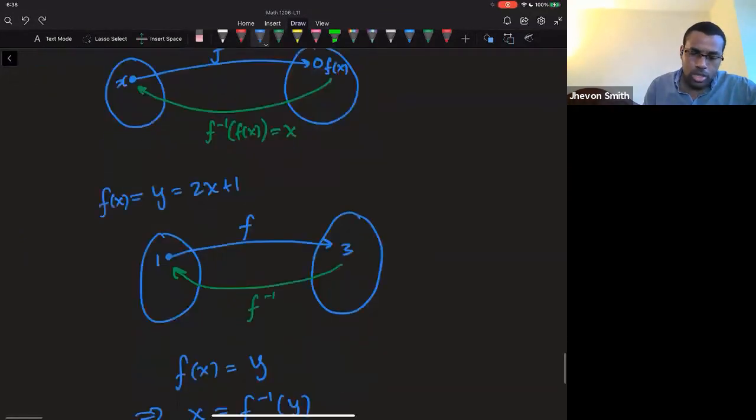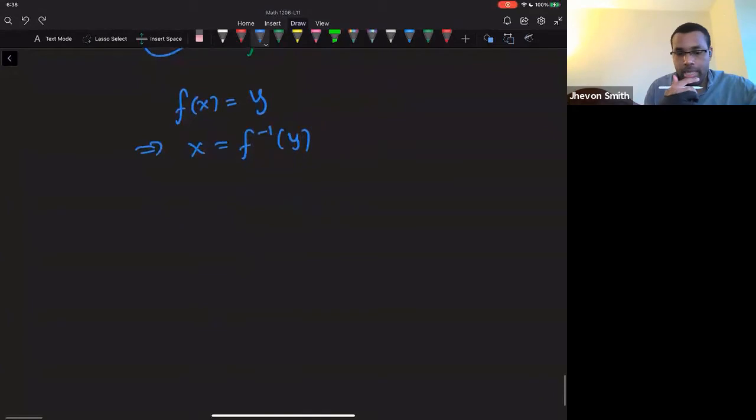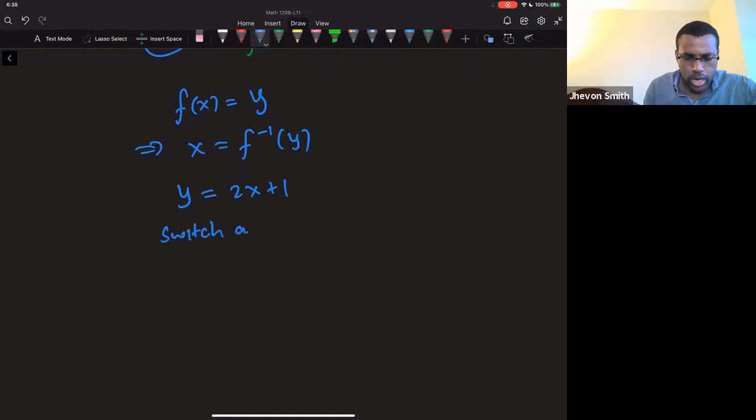So going back to this function, say 2x plus 1, just for an easy example, if I had y equals 2x plus 1, f inverse. To find the inverse, you might remember this from pre-calc. You switch x and y and you solve for y.